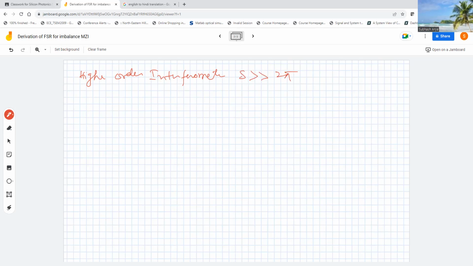And the propagation constant of each peak is Bm and Bm plus 1.